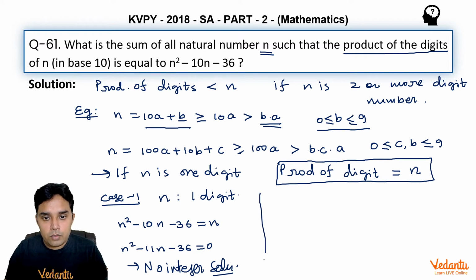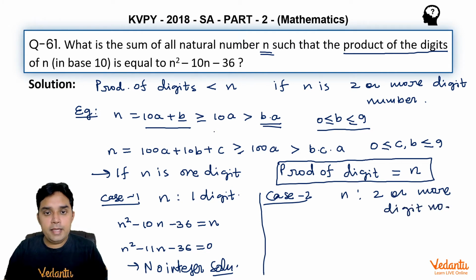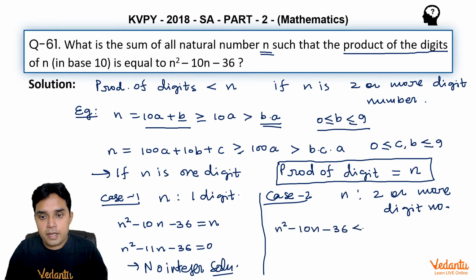Now coming to case 2, when n is a two or more digit number. In that case, n square minus 10n minus 36 should be less than n, as we have proved earlier.